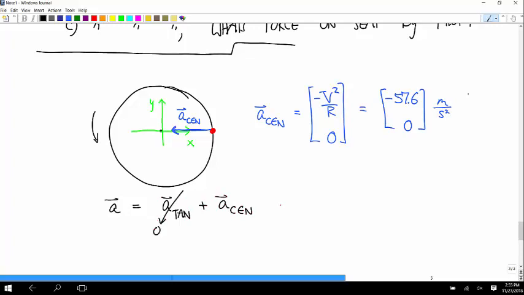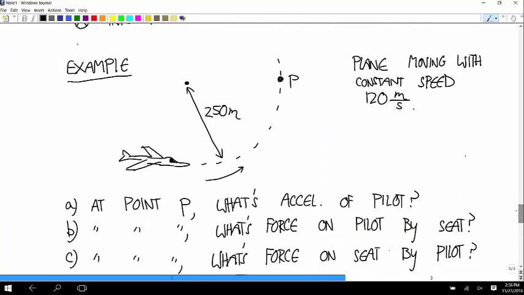This one's 0. And so the total acceleration is negative 57.60. The constant speed is 120 meters per second, and the radius is 250.